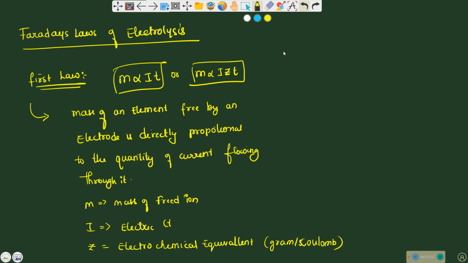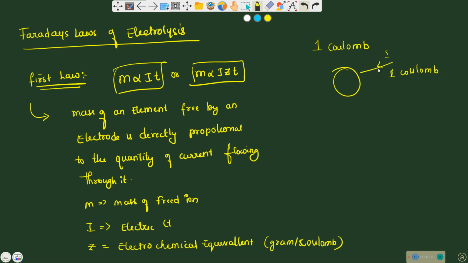So what is electrochemical equivalent? The electrochemical equivalent of a chemical element is the mass of that element transported by 1 coulomb of electricity.